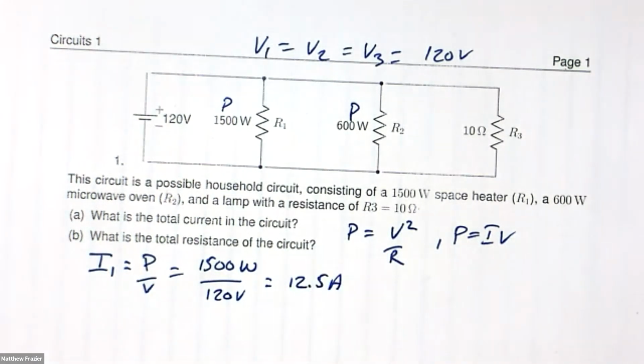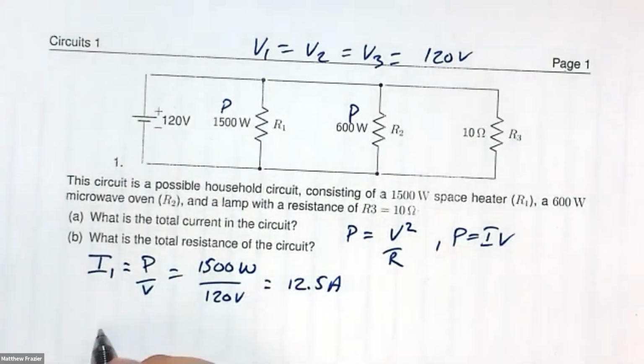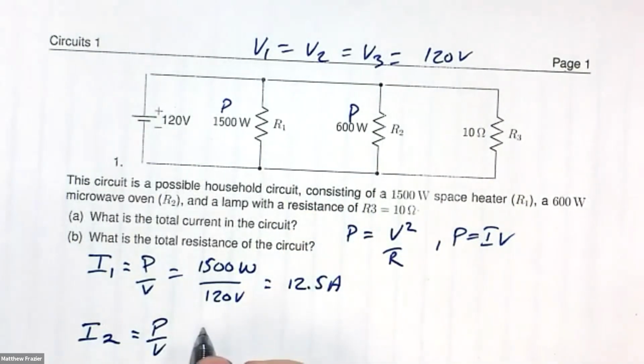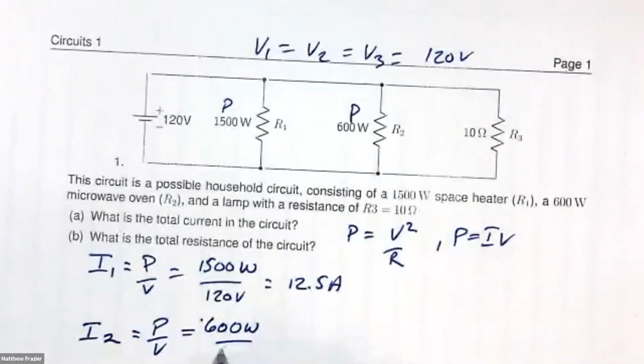If you buy a space heater, you expect it to pull a lot of current because it's putting out a lot of energy. Then I2 is the same thing, power over voltage, because we have the power and the voltage. So it's 600 watts over 120 volts, and that is 5 amps.